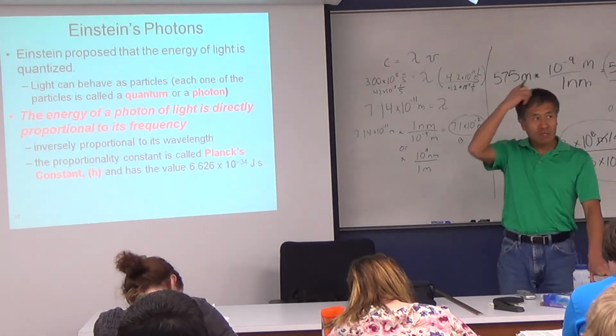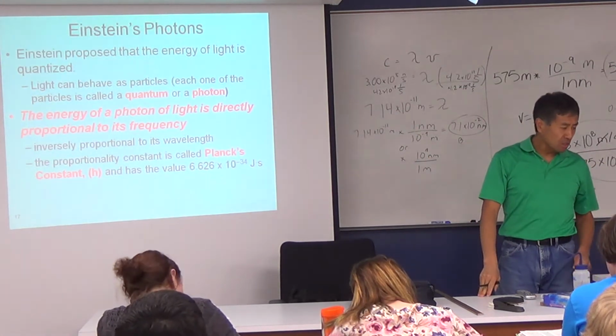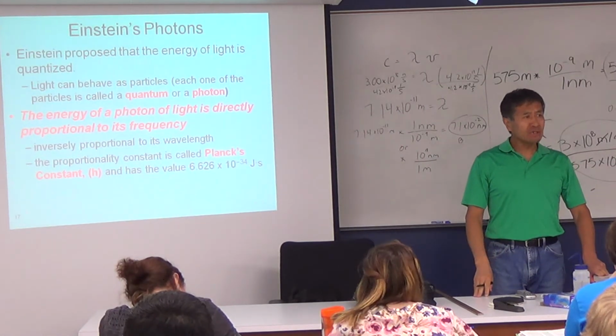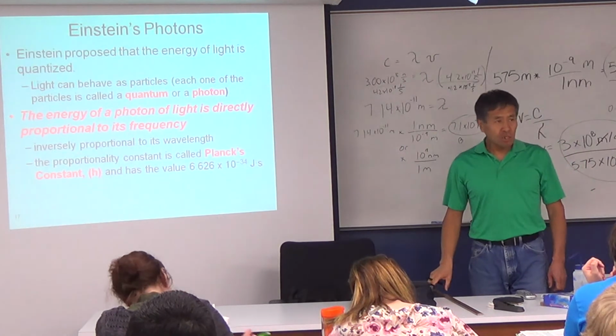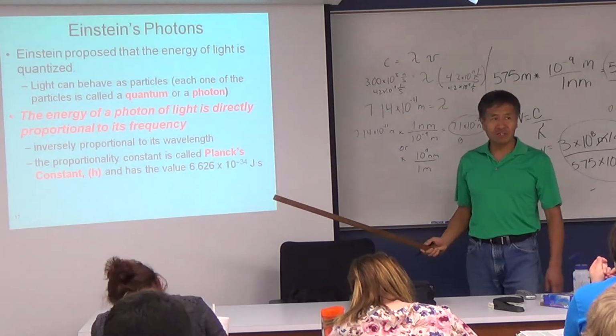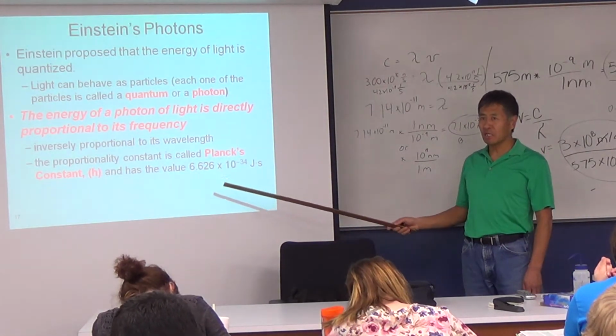Then the particle characteristic was named by Einstein. Even though before Einstein, some other scientists got some of those ideas about radiation.